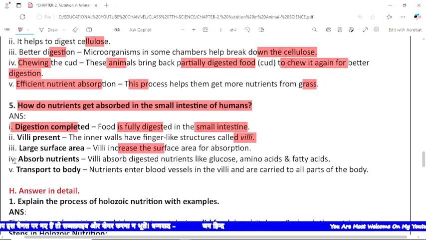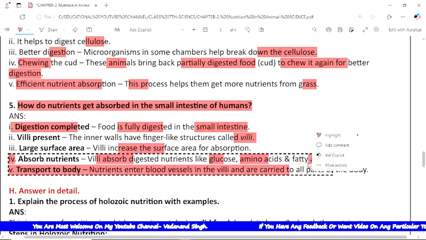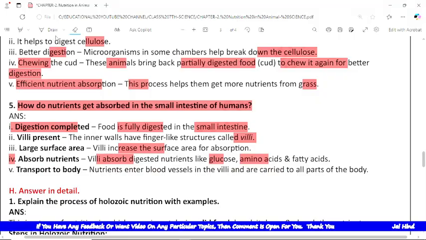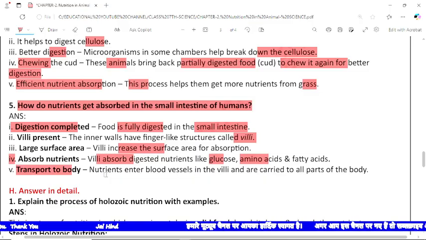The fourth point is absorbed nutrients. Villi absorb digested nutrients like glucose, amino acids and fatty acids. Next is transport. The nutrients enter the blood vessels in the villi and are carried to all parts of the body.